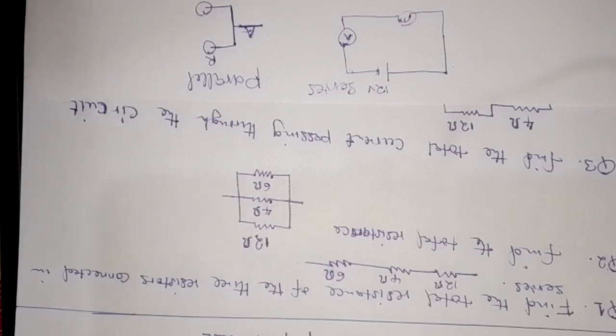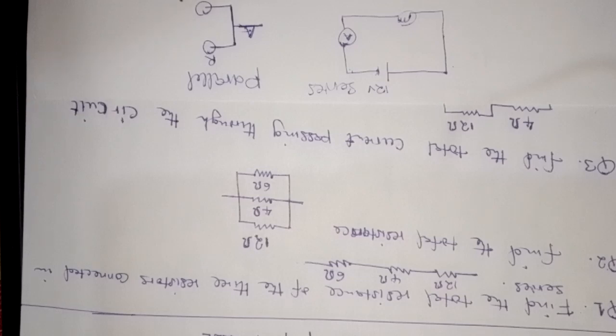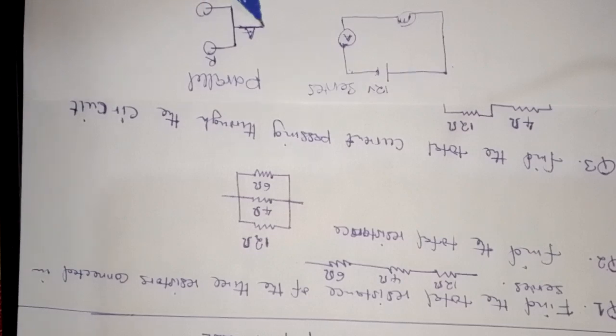We can say this is connected in parallel, because the current is being shared. The other current is going there, the other one is going there.